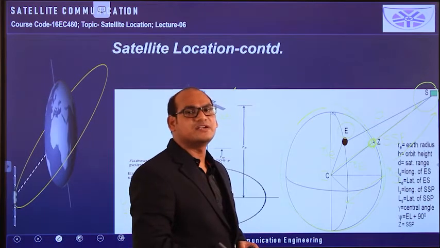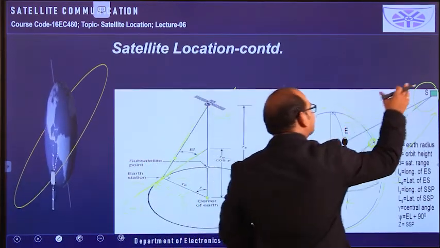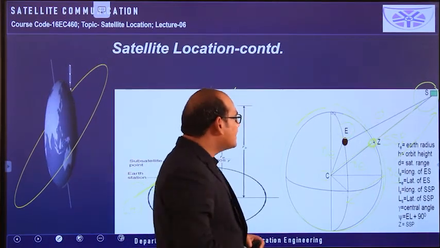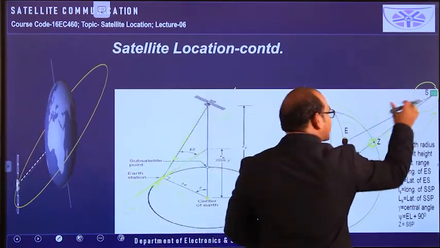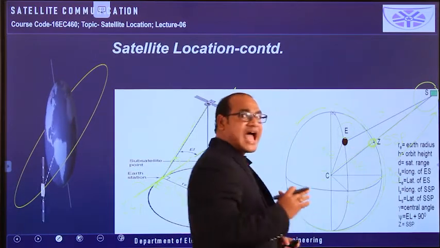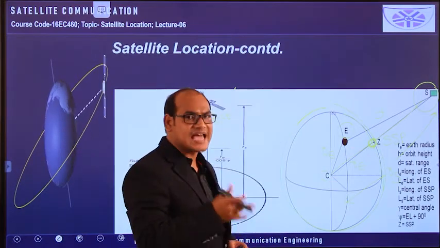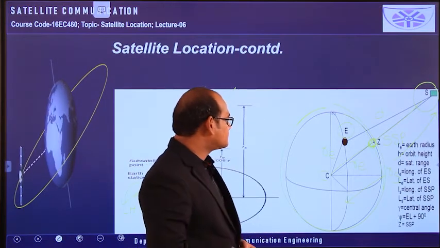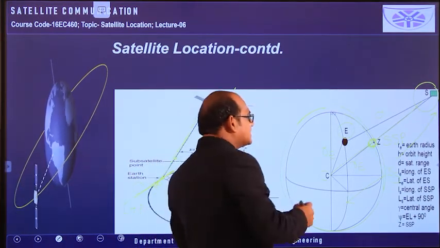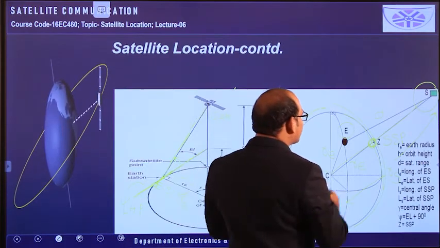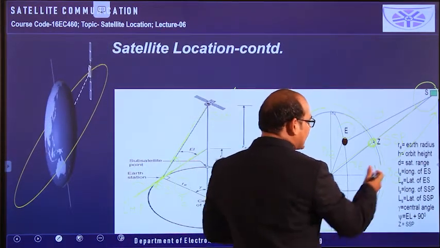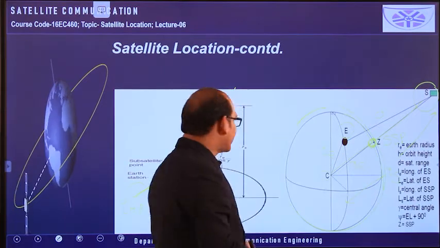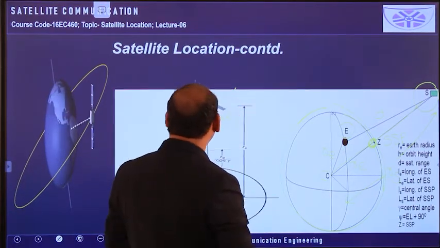ES is the distance between the earth station and the satellite, that is represented with D. And CS is taken as the distance between the centers of the satellite and the earth, that is represented with RS. And the height of the satellite is represented with H, and D is the satellite range that I have already told.